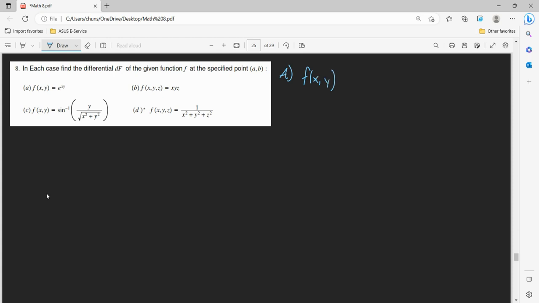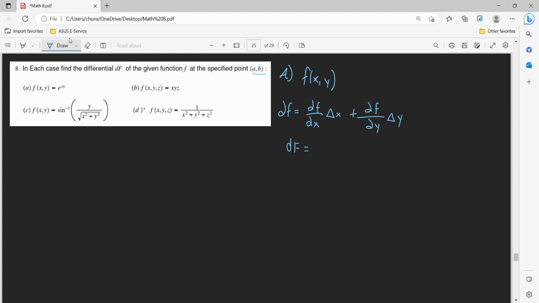Now we said differentials were equal to the partial with respect to x times dx, plus our partial of f with respect to y times dy. So if we did that just for a, df would be specified at points A and B. Now we can actually use our delta x and delta y for this part.